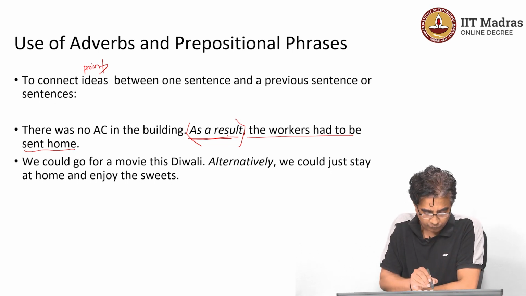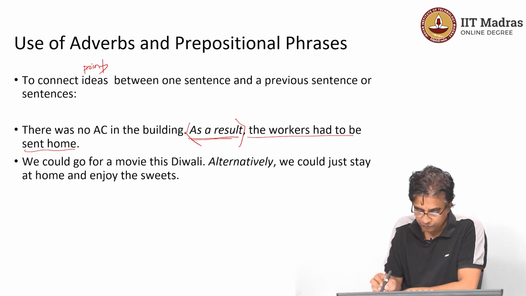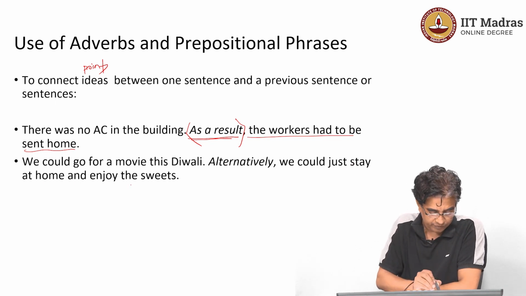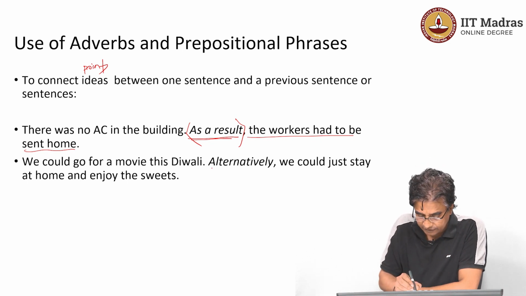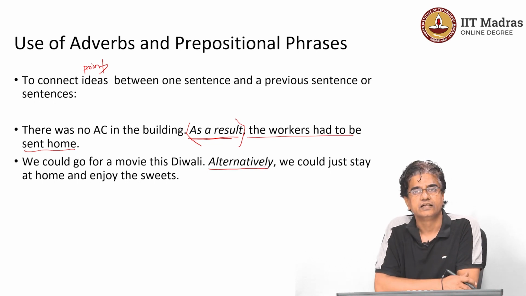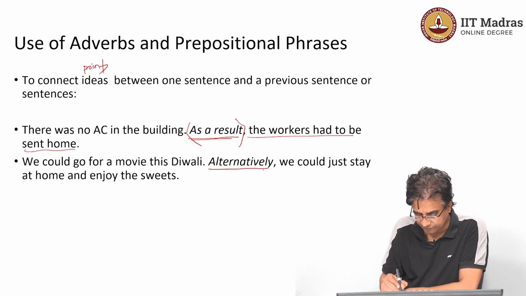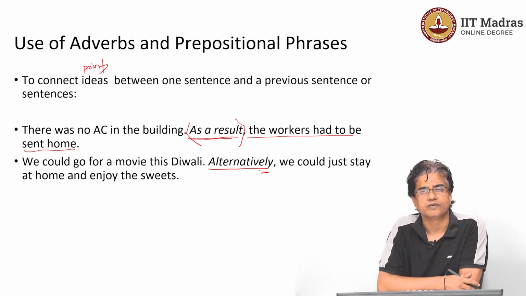We could go for a movie this Diwali. Alternatively, we could just stay home and enjoy sweets. Look at this word here in italics, alternatively. It's an adverb. You see this marker here, it's an adverb.